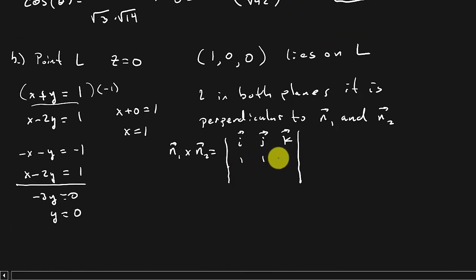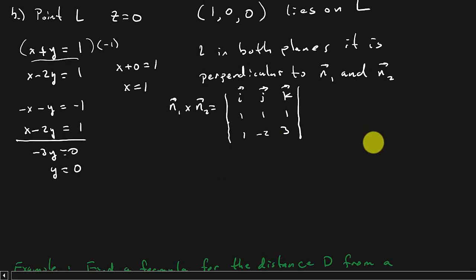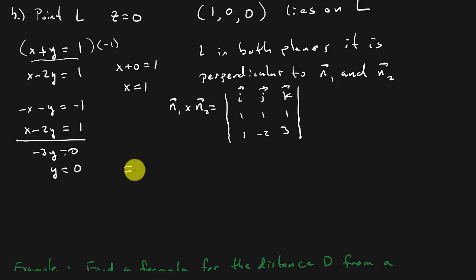So that's 1, 1, 1, and this is going to be 1, -2, 3. And so the cross product. If I said dot product before, I meant cross product.